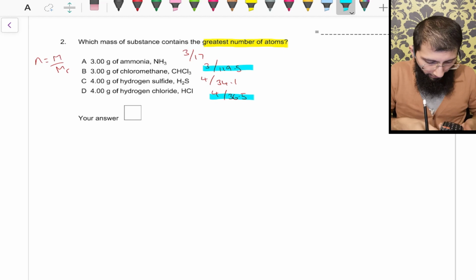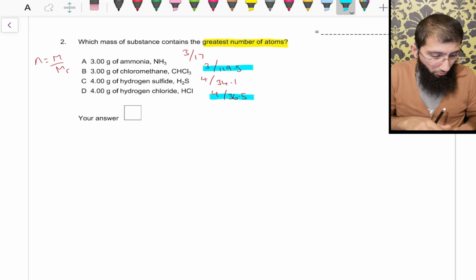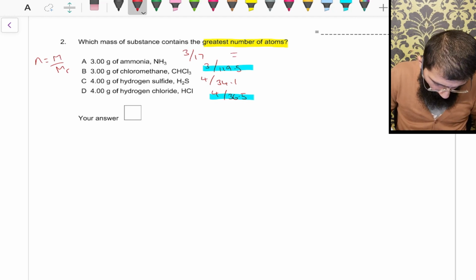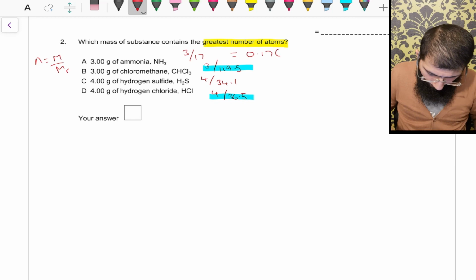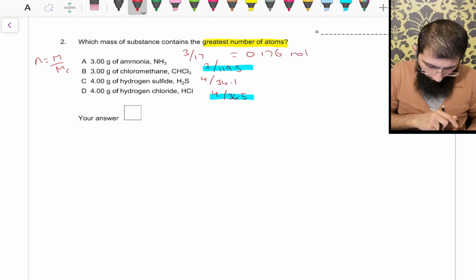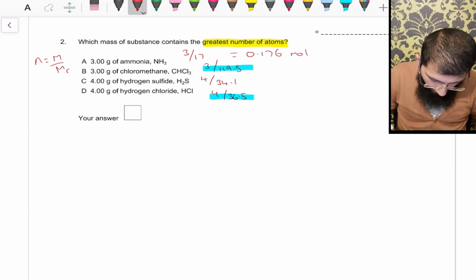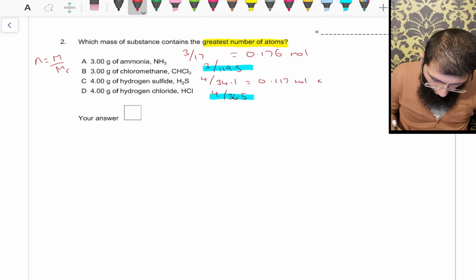And if I stick that into a calculator, I can most likely confirm that. 3 divided by 17 gives us a value of 0.176 mole. And for the third one, it gives us 4 divided by 34.1, which is 0.117. So that is indeed a lower number of moles, so it's not going to be that either.